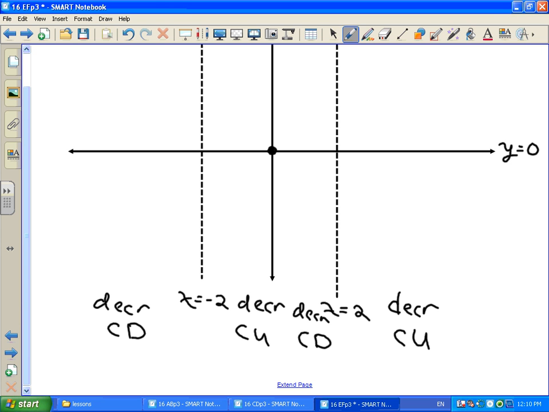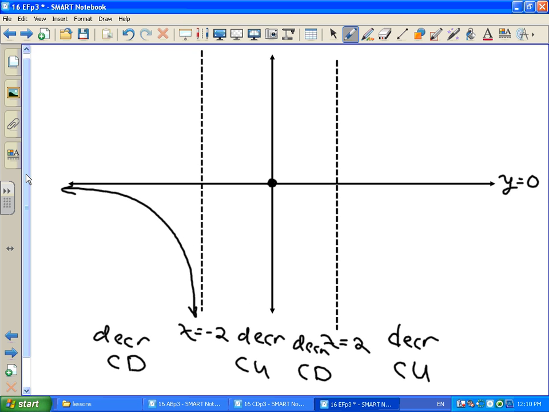So if our function is decreasing and concave down, it's got to look something like this. Okay? So it decreases as we go from left to right. We've got to map it onto our horizontal asymptote there. If it's going to be decreasing and concave up, it's got to look something like this.